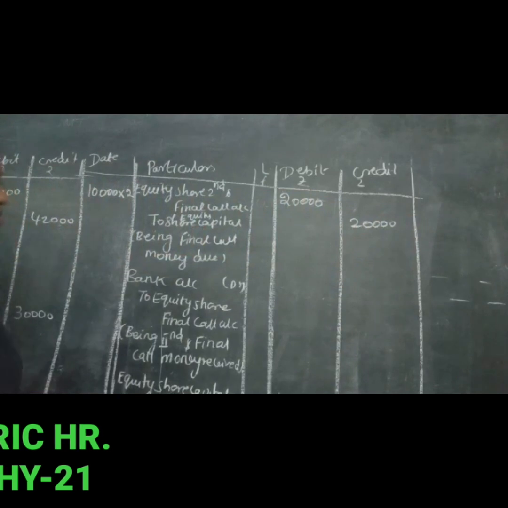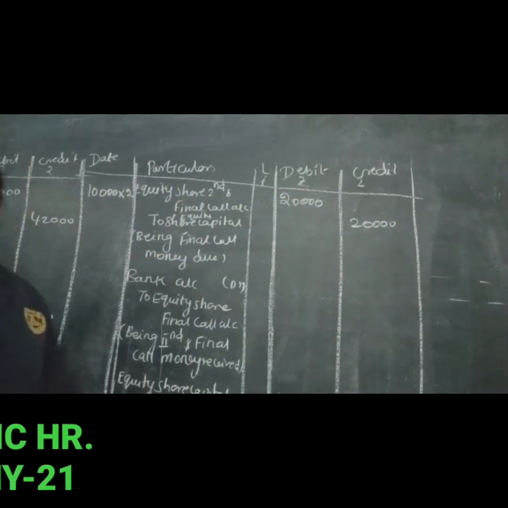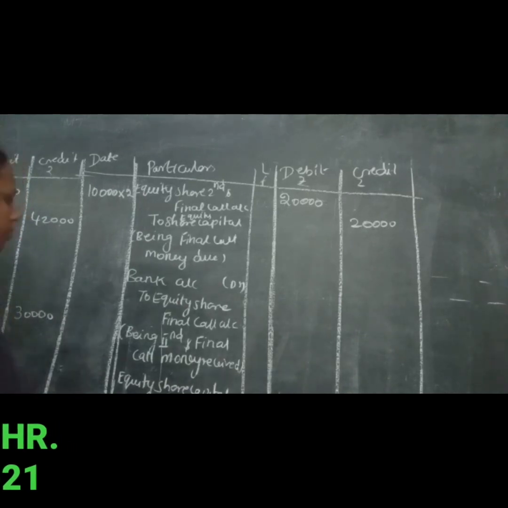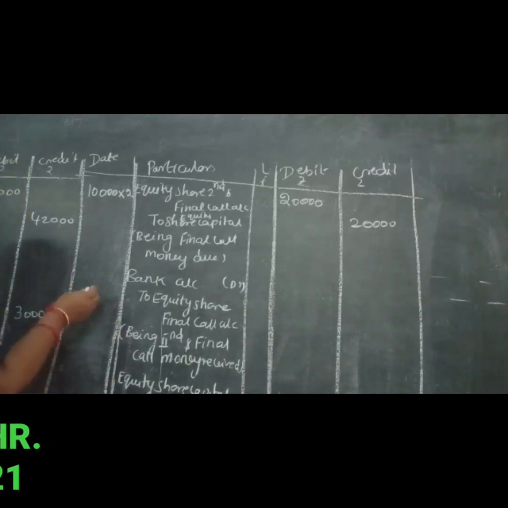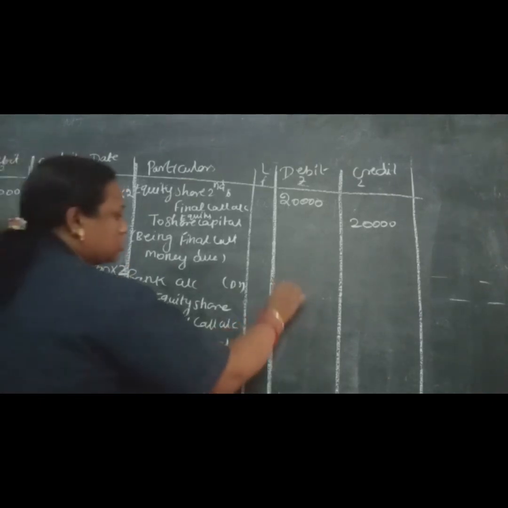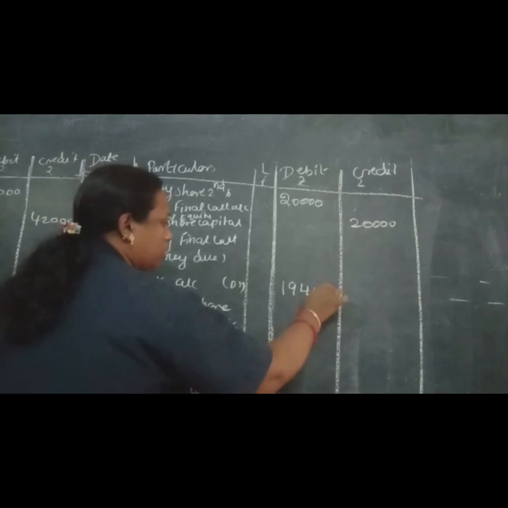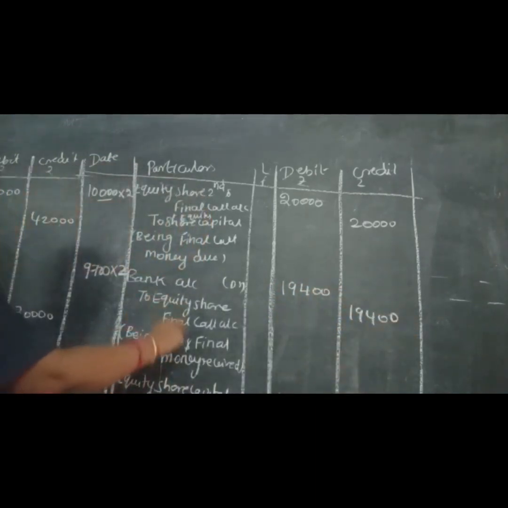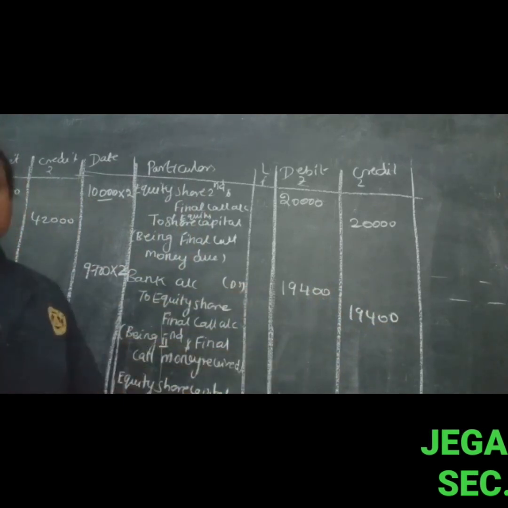Here the shareholder failed to pay the final call also, so 300 shares are not paid. 10,000 minus 300, 9,700 into 2 rupees, 19,400. Second and final call money received is 19,400.